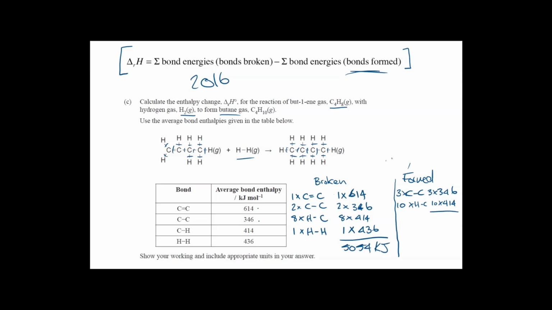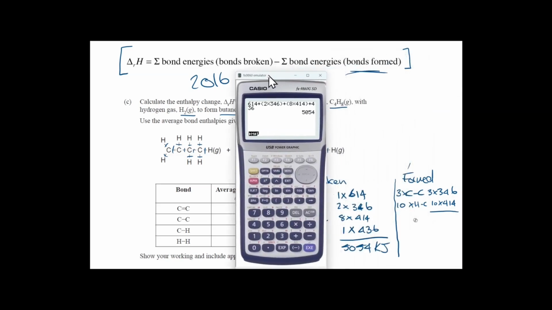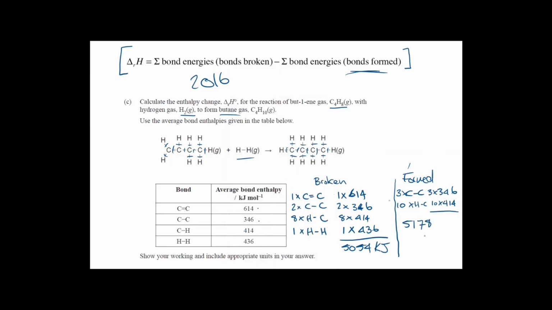When we add all of those up, grabbing our calculator again, 3 times 346 plus 10 times 414, probably do it in your head, 5,178. So it takes more energy to form this molecule than to break it.